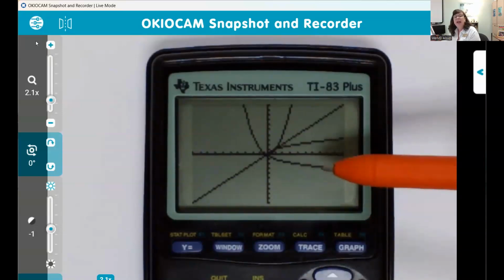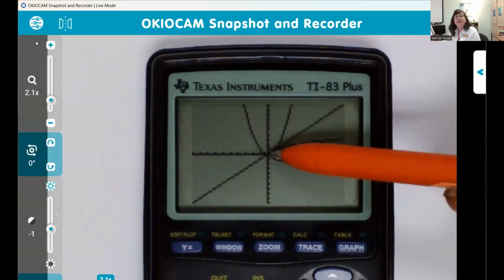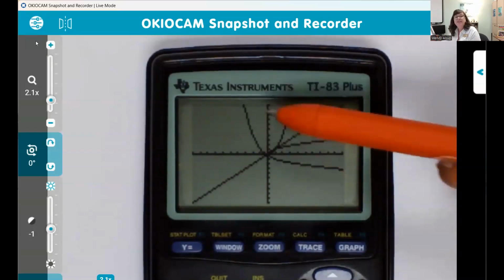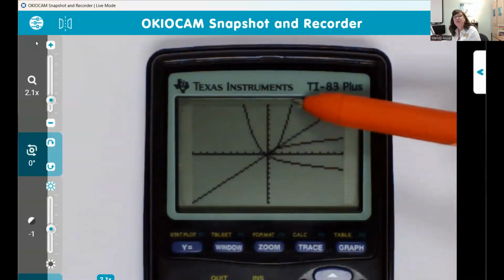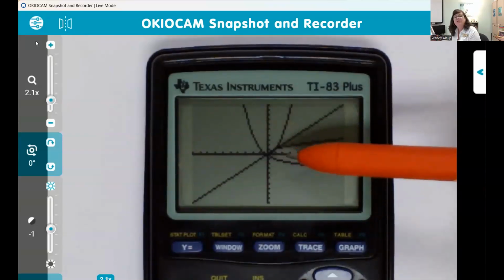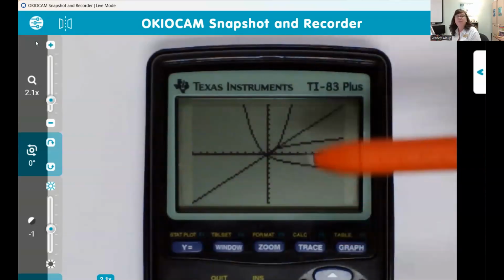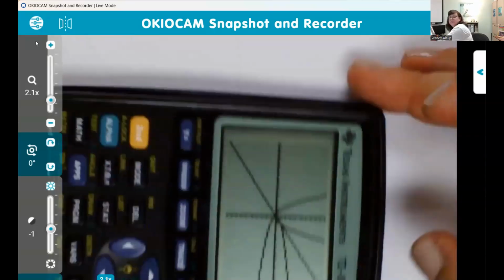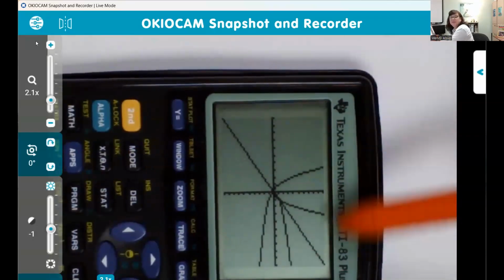So the only way for something to have an inverse that's also a function is if we limit the original to the domain in which it's one-to-one. And what does one-to-one mean? One-to-one means that if you turn it sideways, it's still going to be a function.